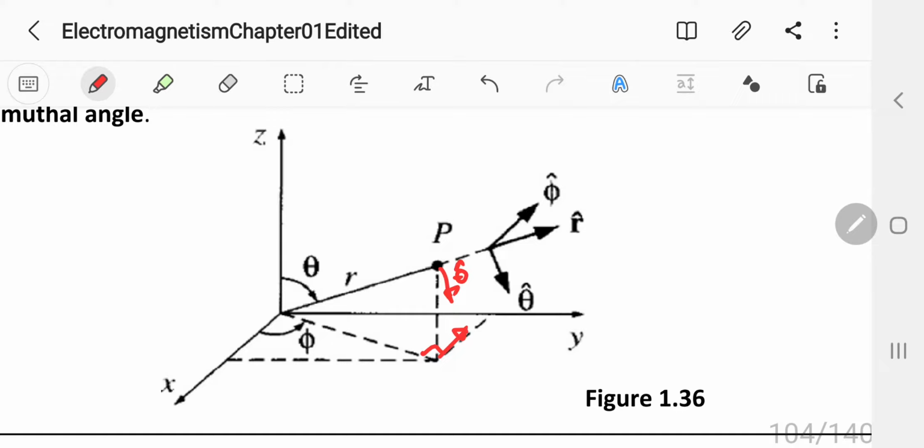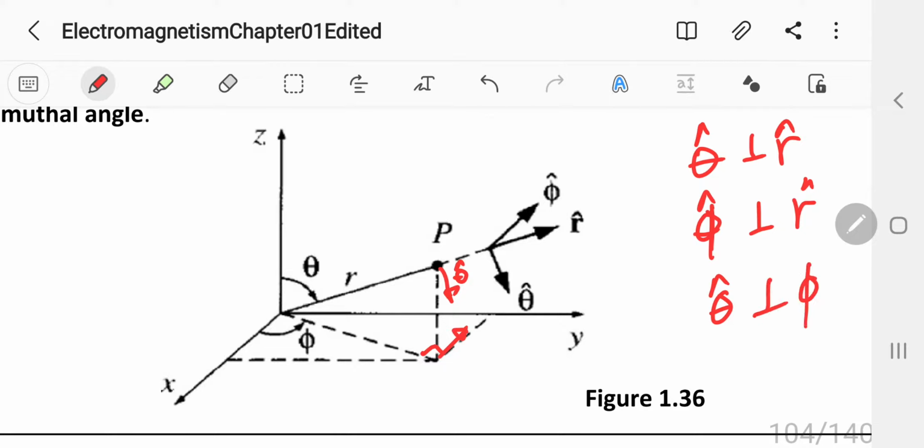So theta hat is perpendicular to r hat, phi hat is also perpendicular to r hat, and of course theta hat is also perpendicular to phi hat.